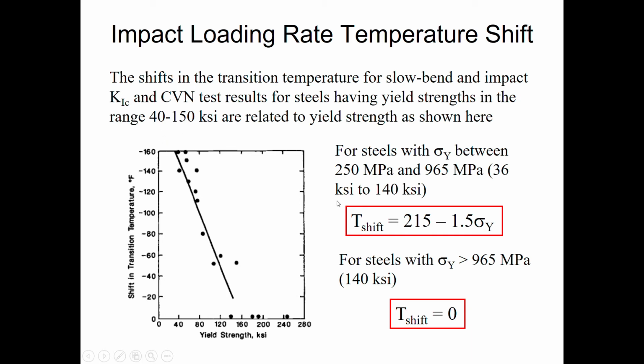If you see here, it will be T shift equal to 215 minus 1.5 sigma y. This is just a mathematical expression for the linear relation that I believe everyone here has done in mathematics.